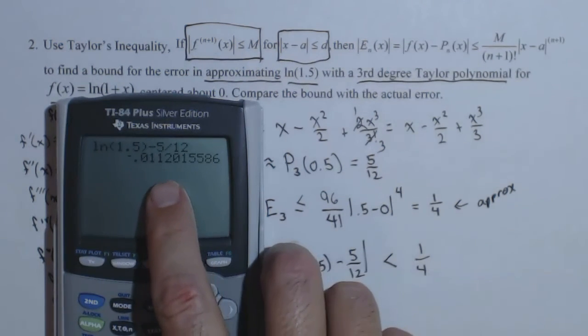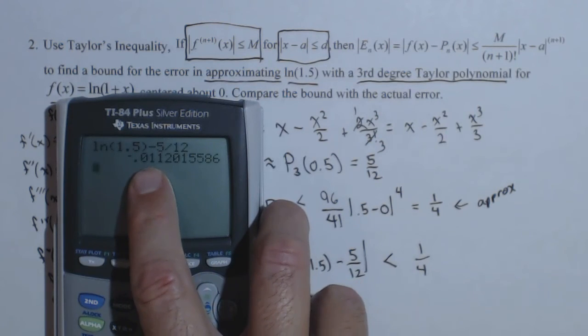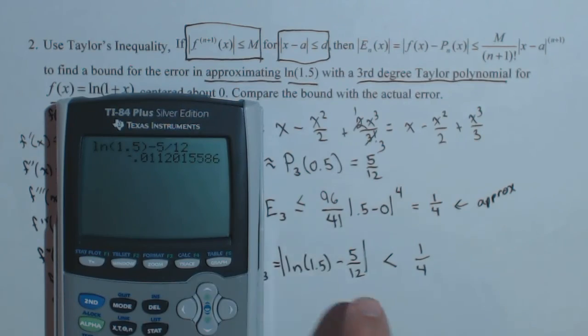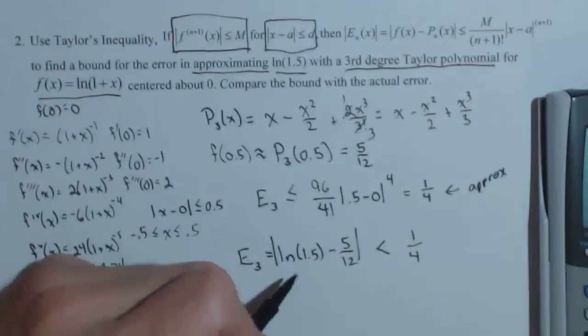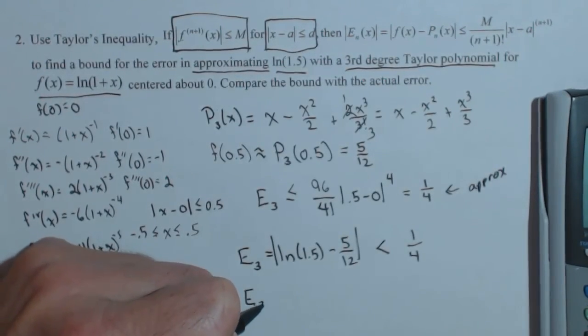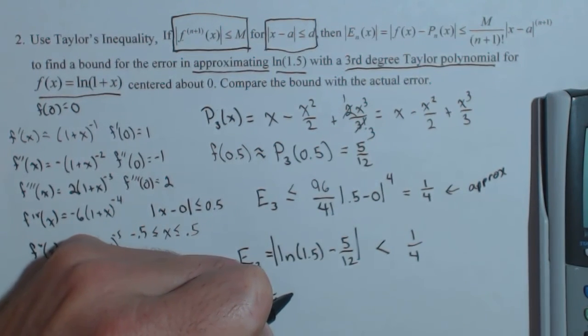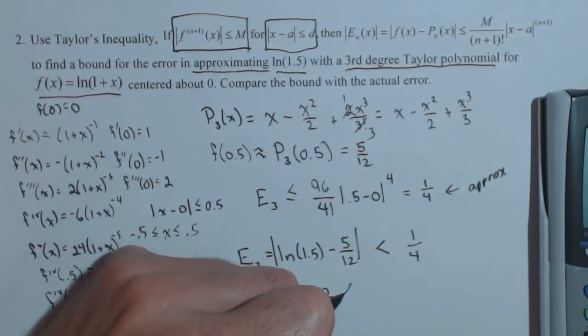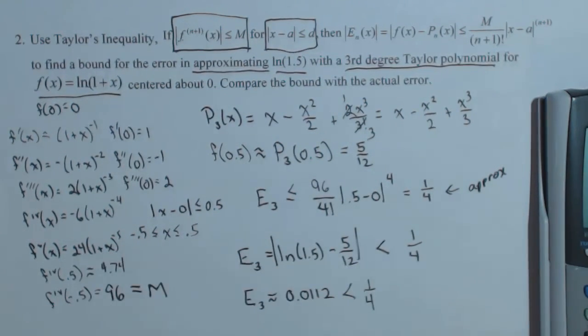Again, we're looking at the absolute value. We see that we get an error of 0.0122, which is clearly less than 0.25. So our actual error in our third degree is approximately 0.0112, which is clearly less than our error bound of 1/4.